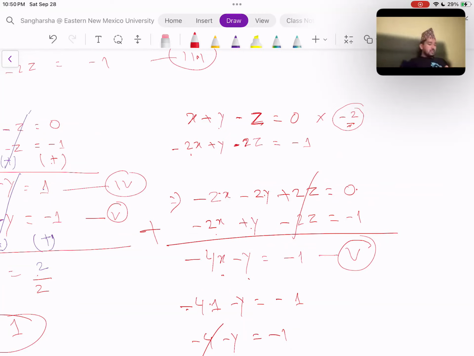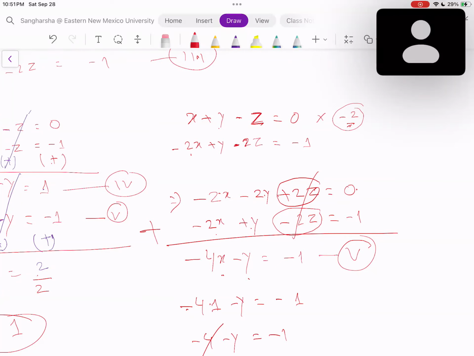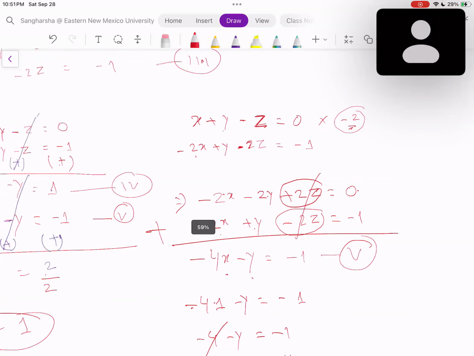Like here, we had a positive 2z and a negative 2z. That was our target, to eliminate z. You must have the same term with the opposite sign to eliminate. So that should be your target. For that, you might need to multiply by some number. It depends on what kind of equation is given to you. Did I answer your question?